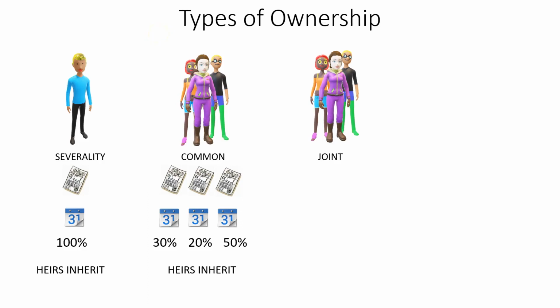In this particular case, it can only be done on one piece of paper, and it has to be done all at the same time, and their shares have got to be equal: 33 1/3, 33 1/3, 33 1/3. And when one of them dies, then that third will go to the others. And then when that one dies, then the rest of it will go to the sole owner. So that's based on survivorship. Regardless of what their will says, the share of the person who dies will go to the other owners.